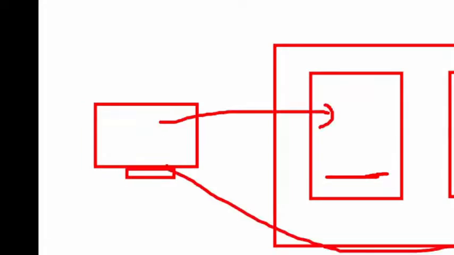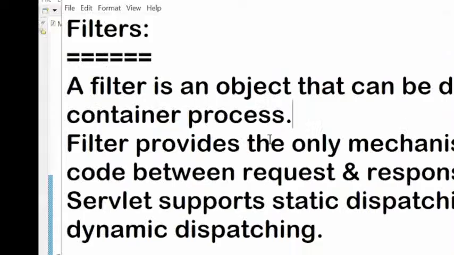But these links we can create dynamically. That is a filter. Suppose it is the client, your request passes until you get a response. In between, if you want to insert one more filter, it is possible. If you don't want it, you can remove it, possible. So that mechanism is a filter.